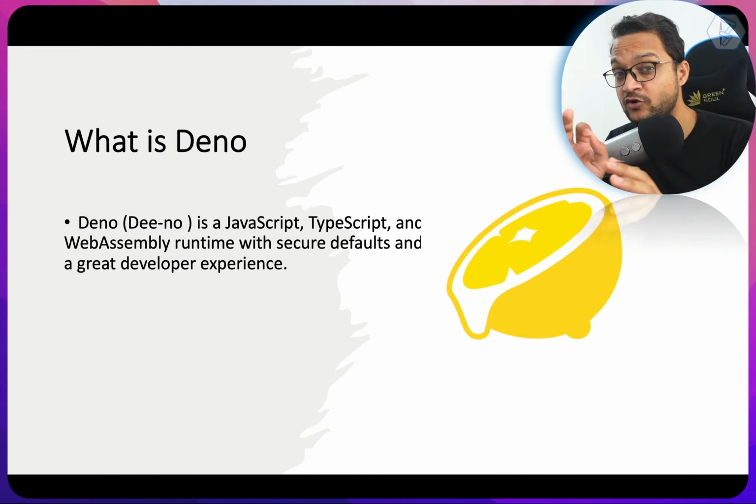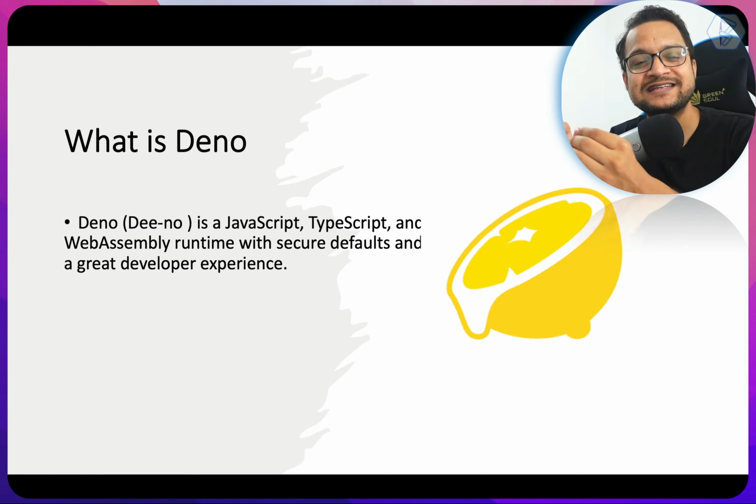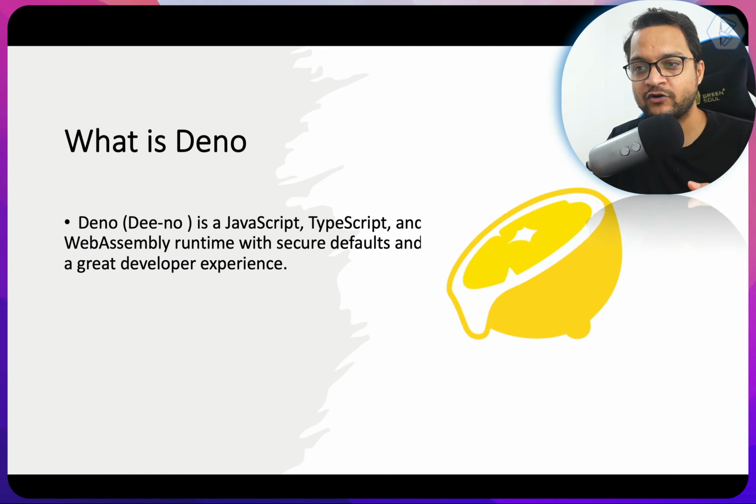Just like Node.js is a runtime, Node.js is not a framework, Node.js is not a language, it's a runtime. That means you run JavaScript, TypeScript and WebAssembly using Deno on different platforms. So Deno is a JavaScript, TypeScript and WebAssembly runtime with secure defaults and a great user experience.